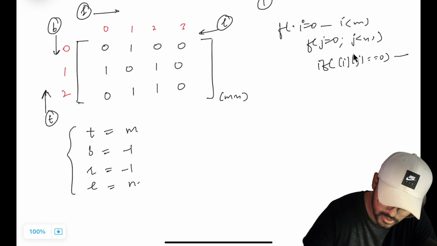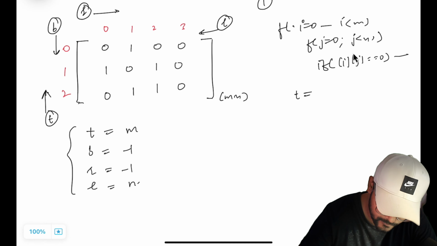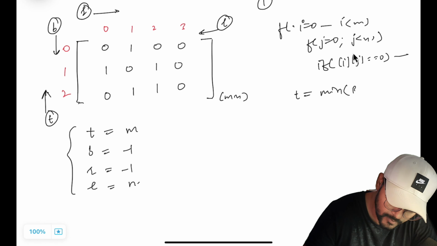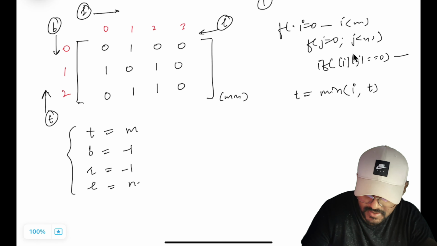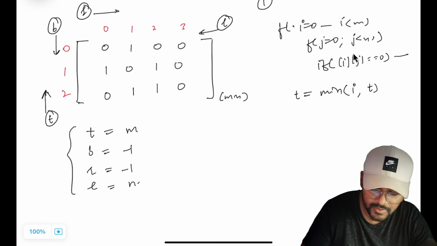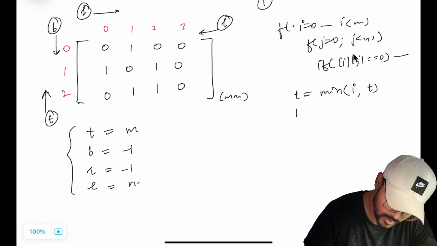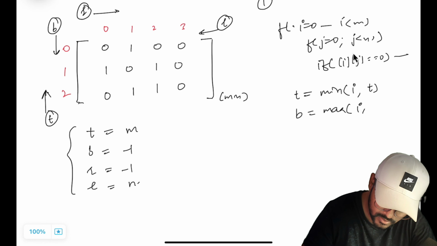If it is a 1 value, just see what can be the top value. My top value is the minimum of the existing value of top and the current row i, if I am encountering 1. Now what is bottom? Bottom is the maximum value of row where I am encountering 1.